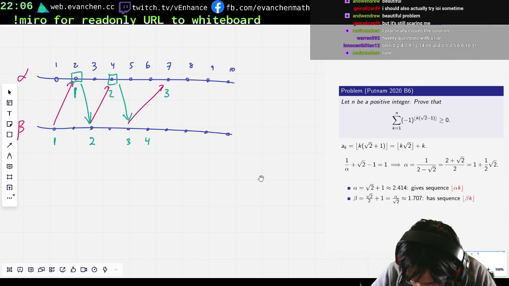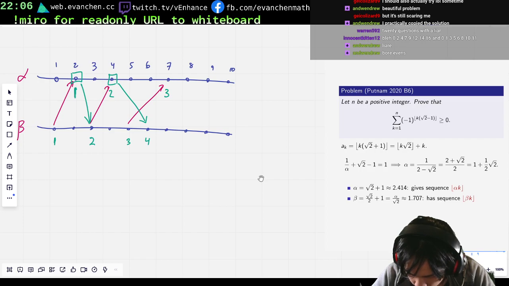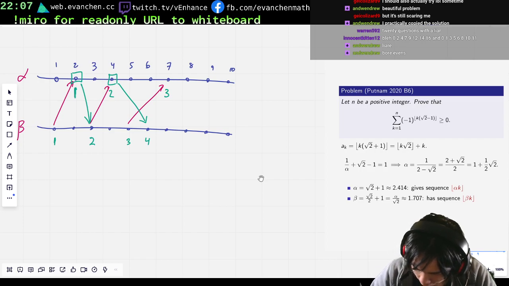I'm not sure what I'm getting at. So I'm trying to do something here. Sorry, no, this should go to 4. I'm multiplying the thing inside the floor by a factor of square root 2. I don't know if it's going to go anywhere. This is just a thought that I had.